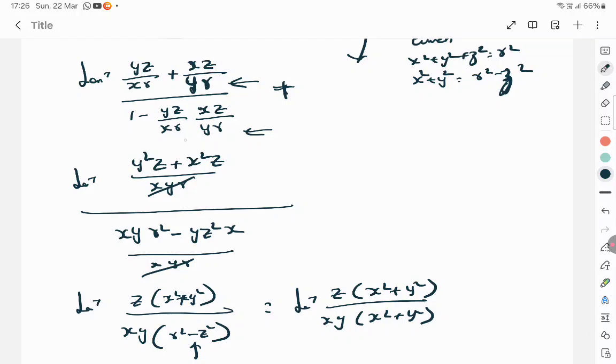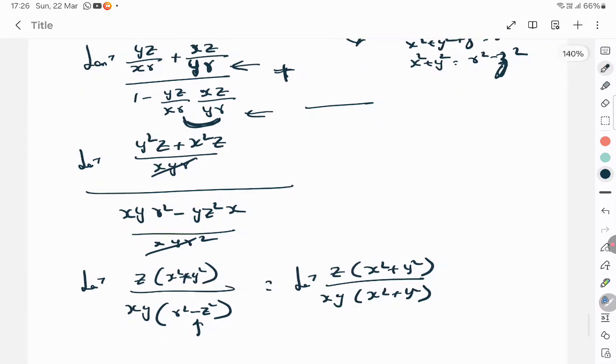Here, when you multiply these two, there should be an r square here. It is xy r square that is the LCM. Because here you already have to multiply these two, so there will be an r square.